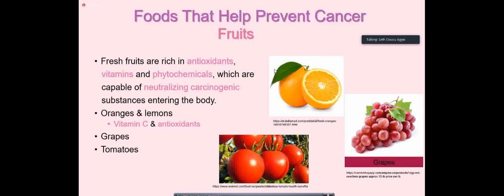But then the advice is for us to focus on taking in the freshest fruit as much as possible, because the fresh ones are the ones that are going to give us the chemical or the strength we need to fight against cancer and all forms of diseases.